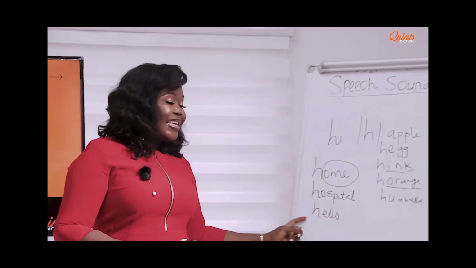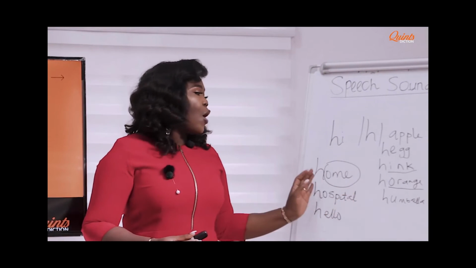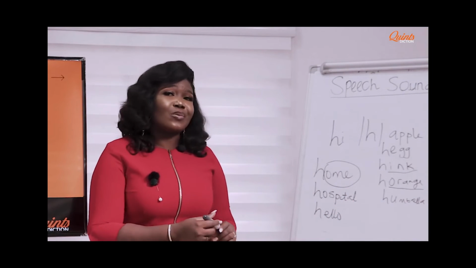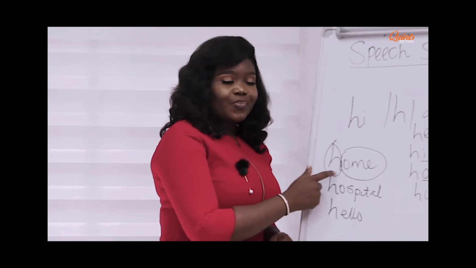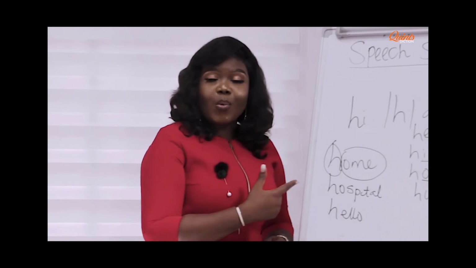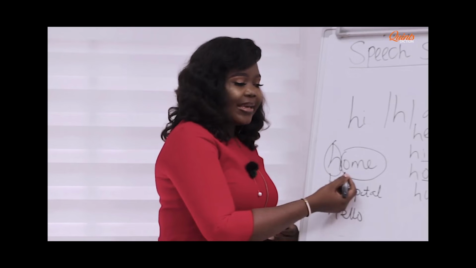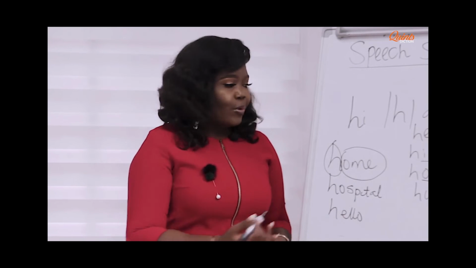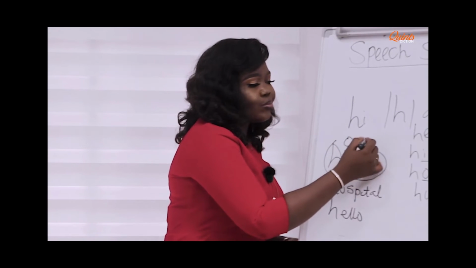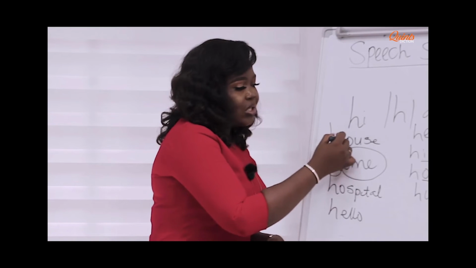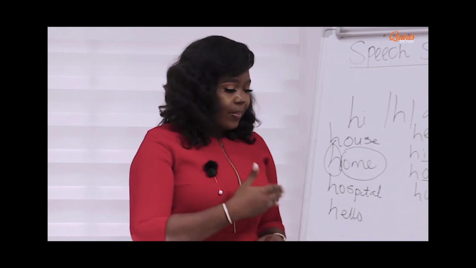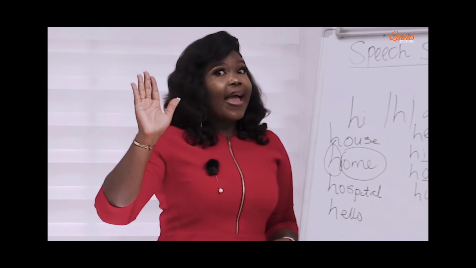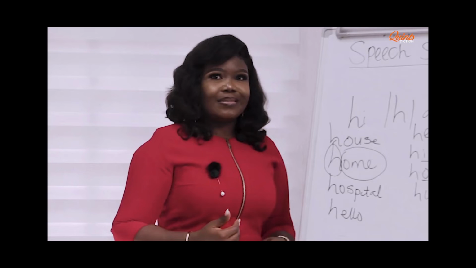So this is de-affectation, which is when you remove this sound, the aspirate, the exhale, in front of words where it is meant to be. So you don't say 'ouse. You say what? House, home, hospital, hello, hi.